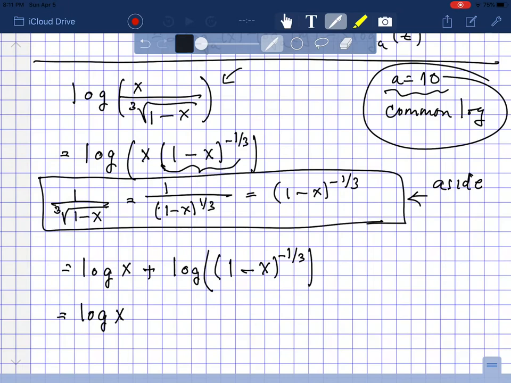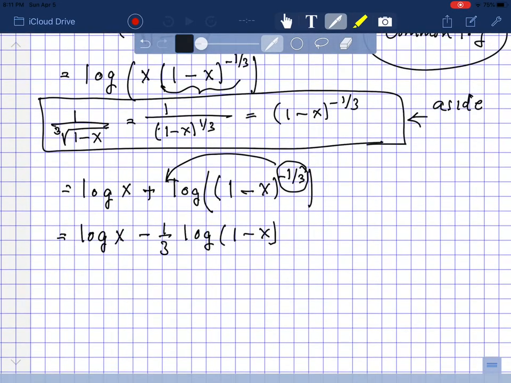Okay, that's kind of nice. And then I can write this as log of x. And here I have the log of something being raised to the minus 1/3 power. So by our second identity that we looked at today, I can pull this exponent in front of the log, and I can write this as minus 1/3 times the log of 1 minus x.